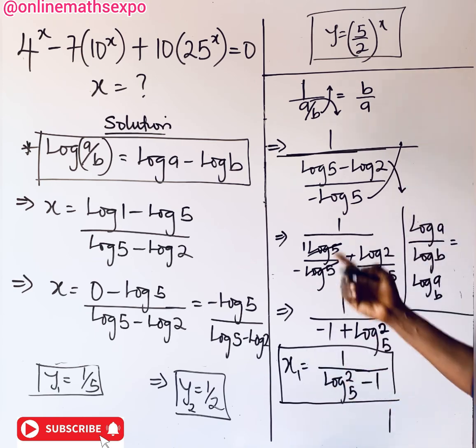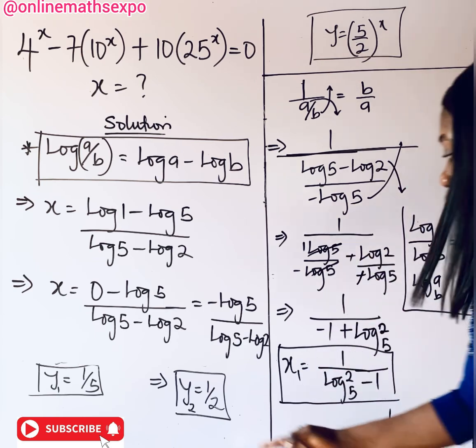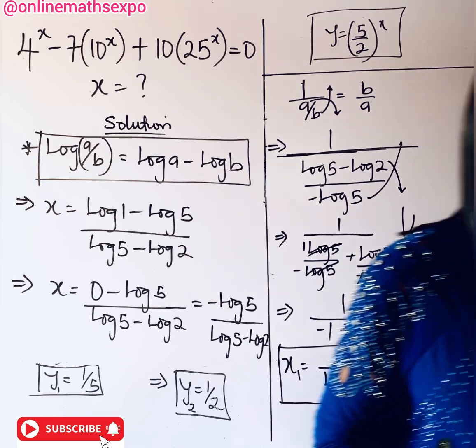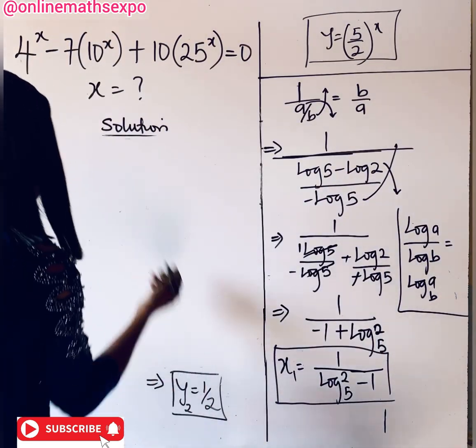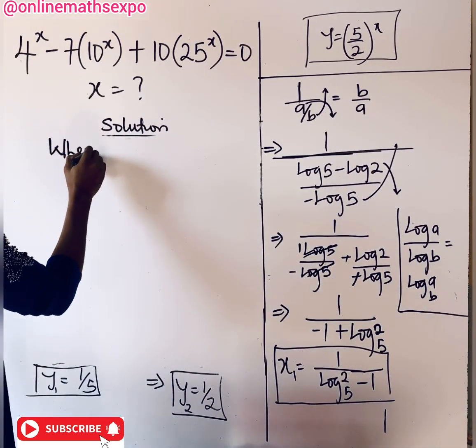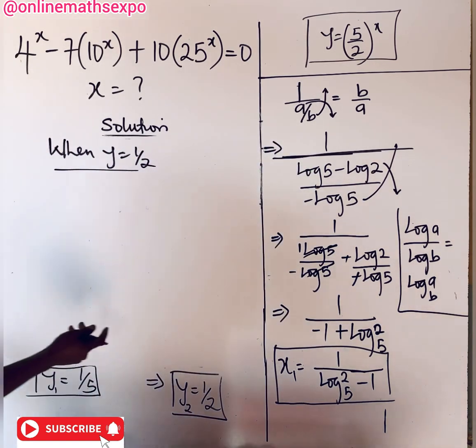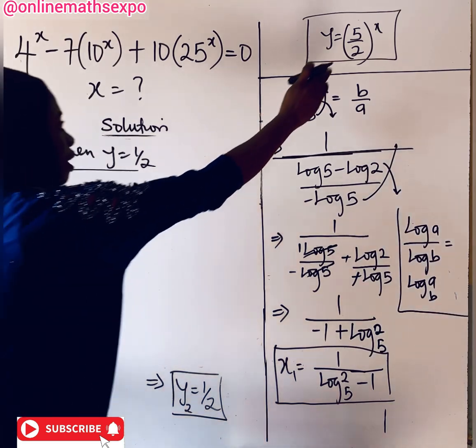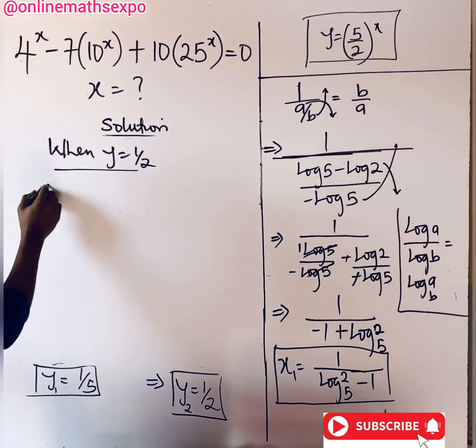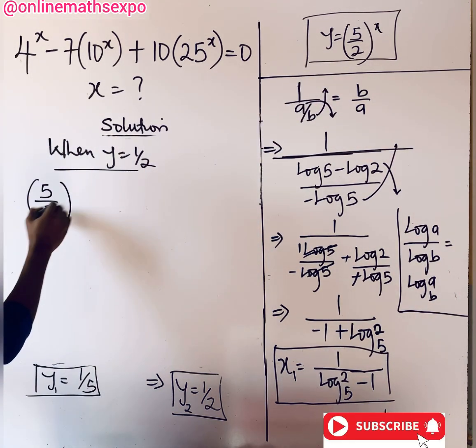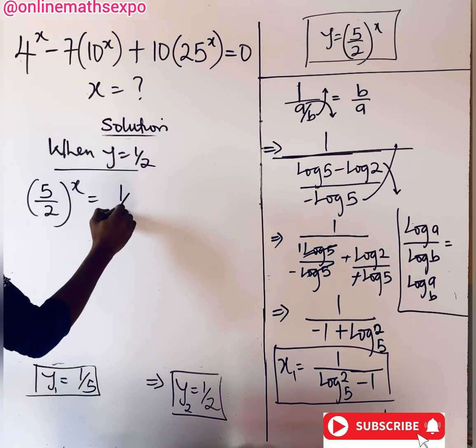Now let's get the second value of x, when y is 1/2. So when y is half, you repeat the same process you've just done. We are going to have 5/2 to the power of x is equal to half.